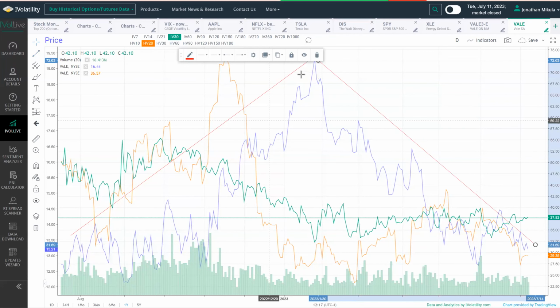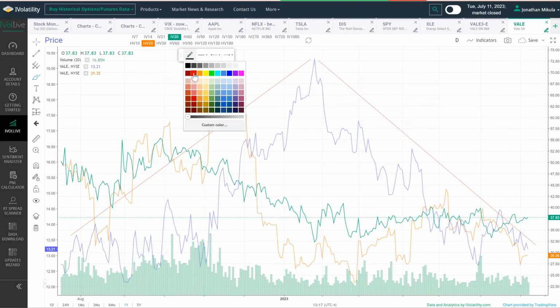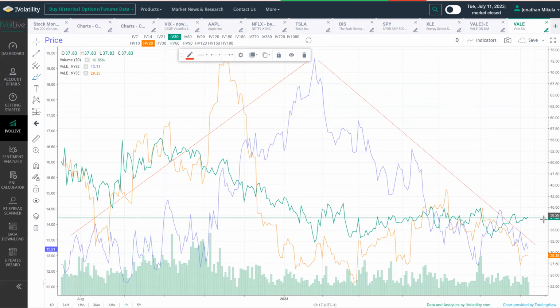So you've got this pyramid, this sharp rise followed by this sharp fall. And as we come here, we could see as price has been going down for Vale, implied volatility has been rising. So another thing, if you've been on one of these webinars before, that I like to see is this discrepancy, this divergence in implied volatility and price, because either this is going to continue or it's going to meet in the middle and there'll be a kiss. So there'll be a reversion to the mean.